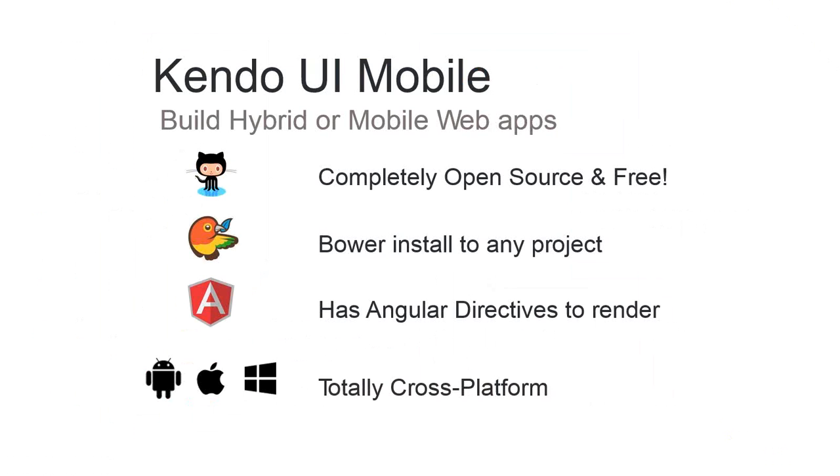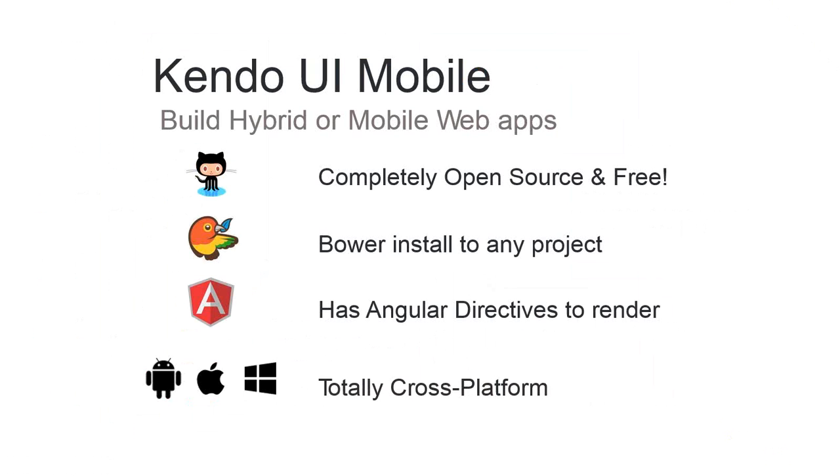So what is Kendo UI Mobile? It's a framework which allows you to build a hybrid mobile app or a mobile web app. So if you want to build a mobile web app, you can still use Kendo UI Mobile controls. It's completely open source and free. If you want to use NuGet, or if you want to use Bower, you can pretty much install Kendo UI Core in any manner.